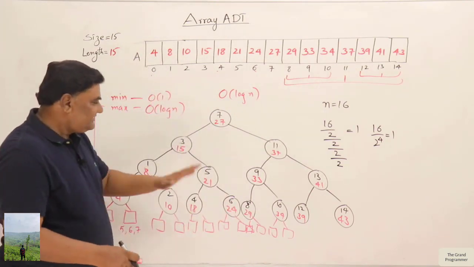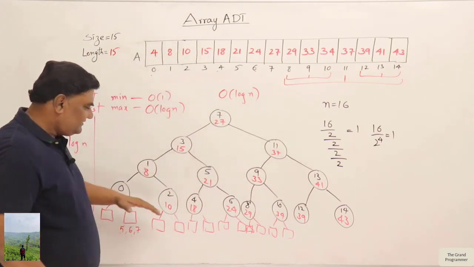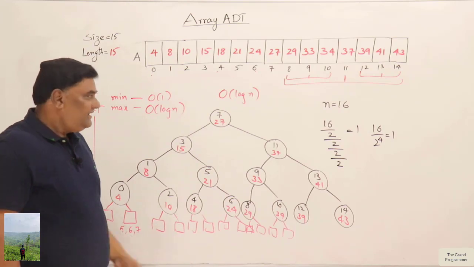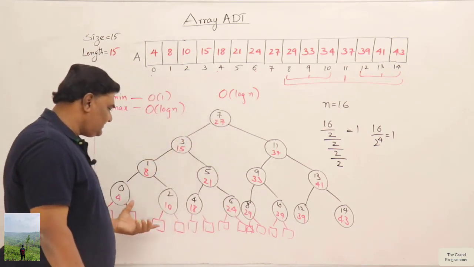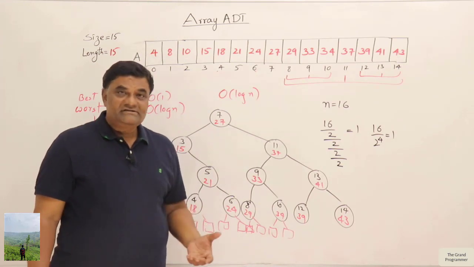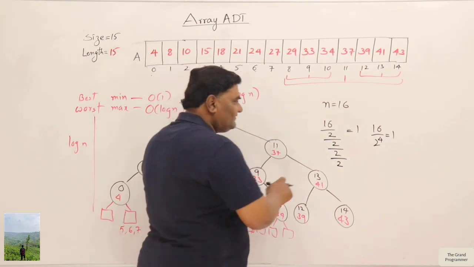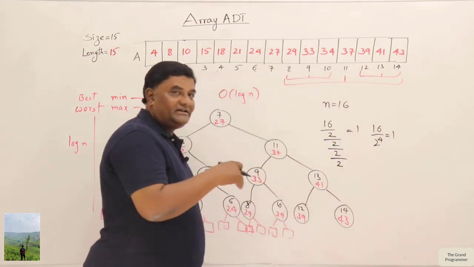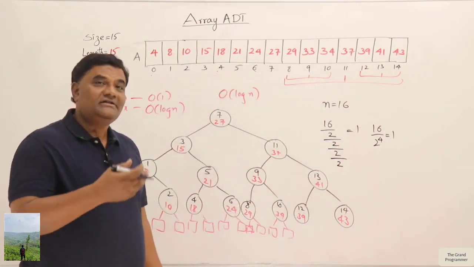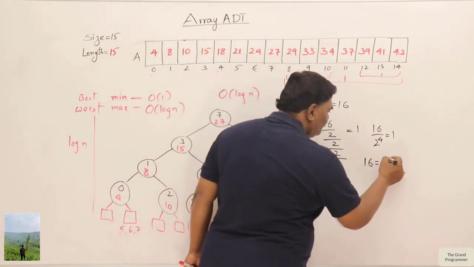See, there were a total of 16 elements, then this half, then this half, then this half, then we got just one element. Either our search stops here or at last it will stop here. So this is 4. So the answer we got is 4. How do you calculate that? How many times should 16 be divided by 2 to get the answer 1? It's nothing but 16 equals 2 power 4.